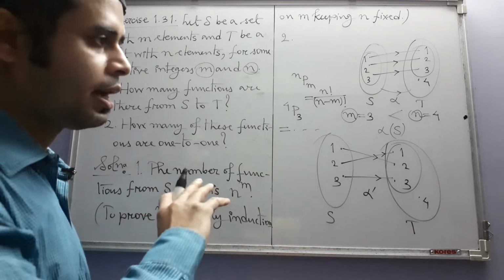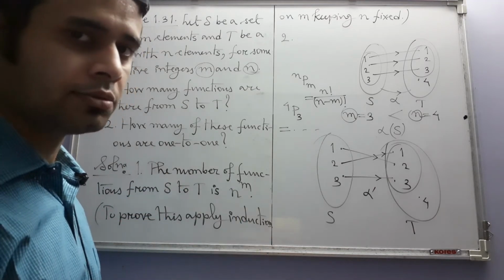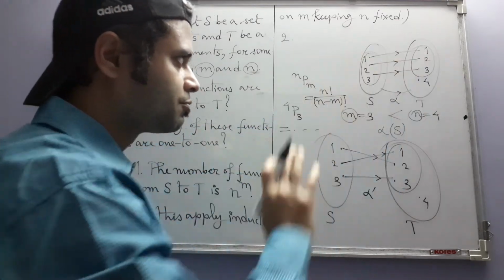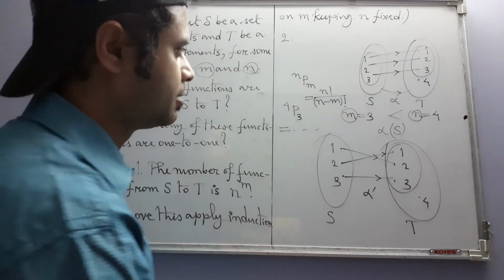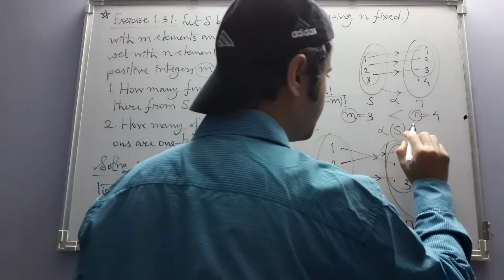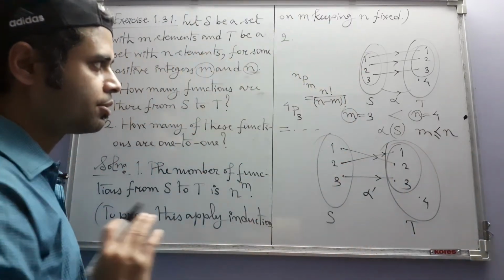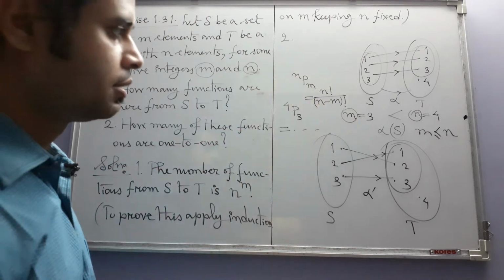You can at most permute them, that's all. There is no introducing something new that is sitting outside and removing something that you have already chosen inside your image set. But if m is less than or equal to n, then this method works, and this is the number of one-to-one functions.